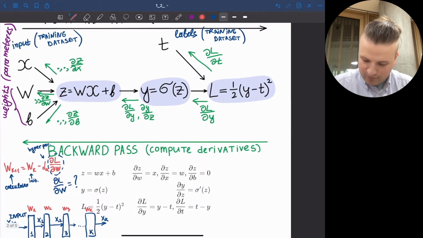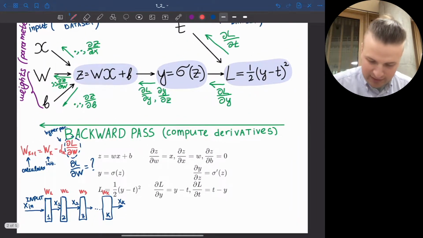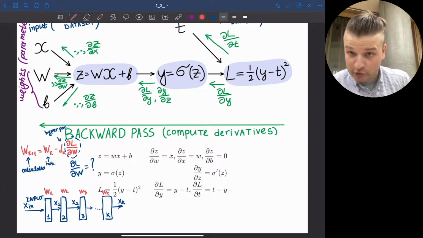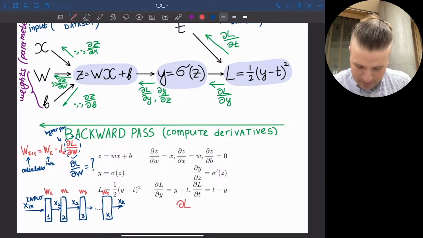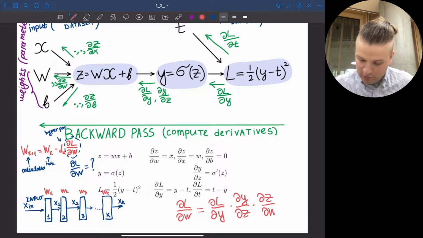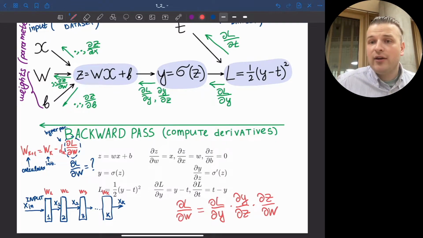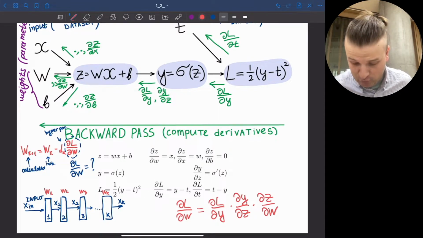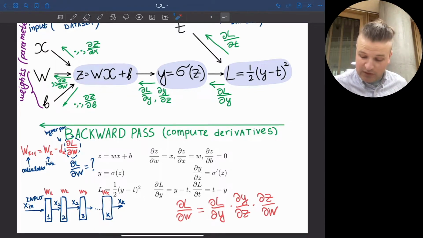And that's why I can write a very simple explanation of the chain rule here. For example, dl divided by dw is nothing else but dl divided by dy multiplied by dy divided by, let's say, dz multiplied by dz divided by dw, and etc. So we have this form of a chain rule. It's pretty easy to verify, right? That's the correct answer.